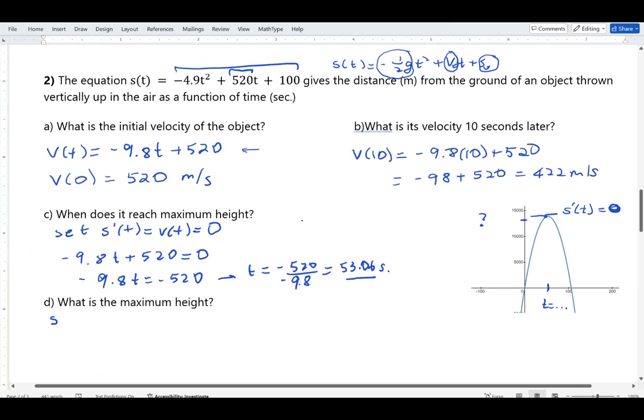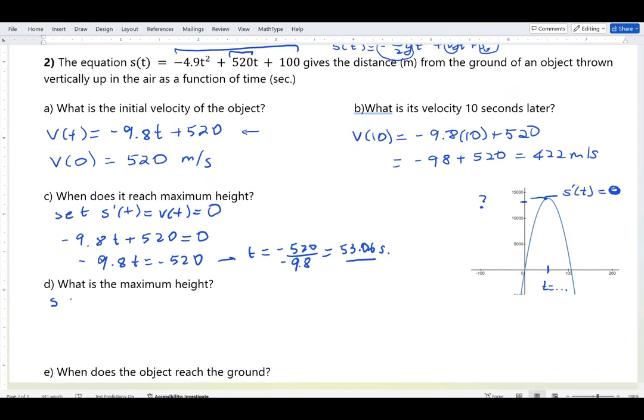That was the original one. So let's do that. s evaluated at 53.06 equals negative 4.9 times the quantity 53.06 squared plus 520 times 53.06 plus 100.